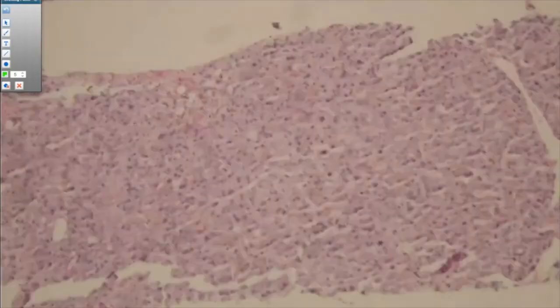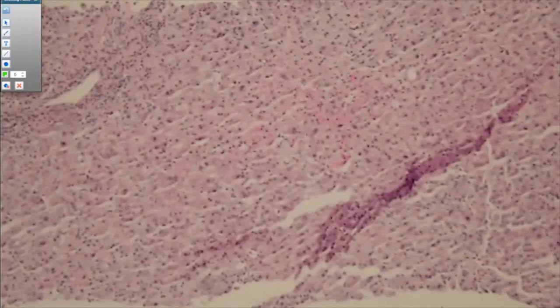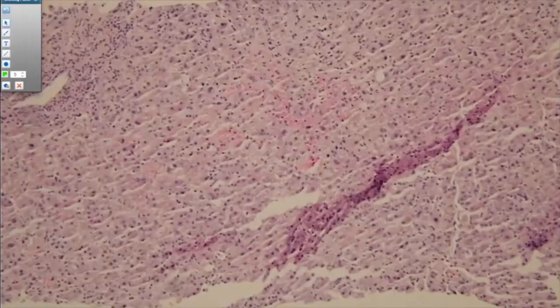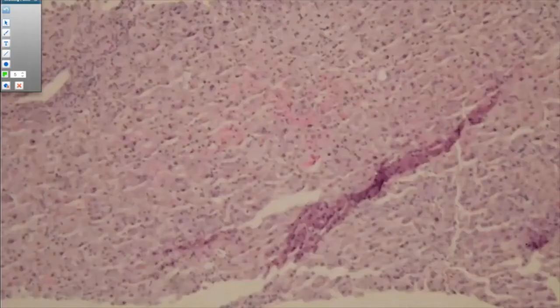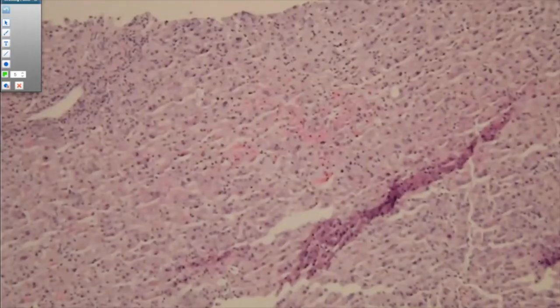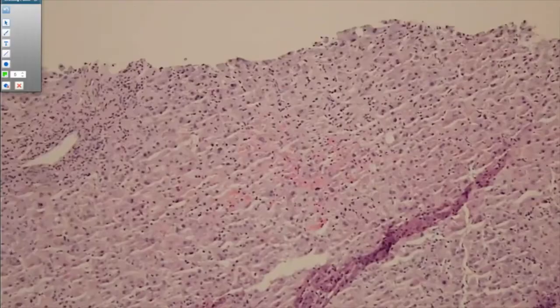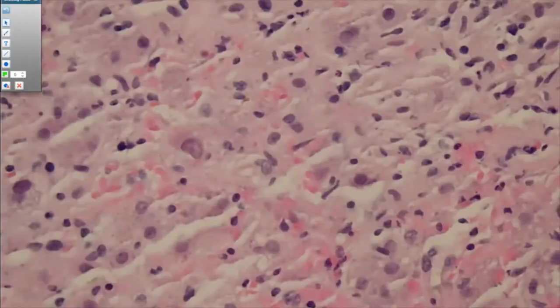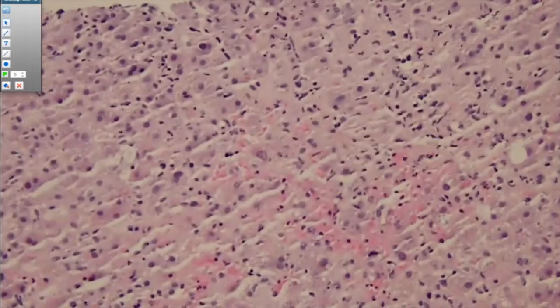And when you read a liver biopsy, the most important thing to report is fibrosis. How much fibrosis is there? And actually, in this case, 2 weeks ago, hepatocyte necrosis was not so much. Here in the center, you can see some mild hepatocyte necrosis. However, there was not extensive necrosis.